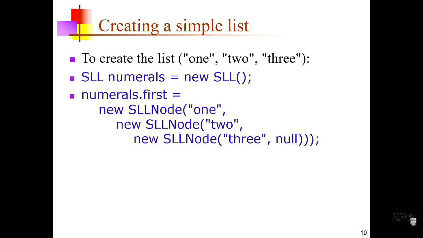So you can think, this is here up to here. This is the second parameter to the constructor of the first node, right? So everything here is actually a reference to a node, right? But I want a reference to the second node itself, right?